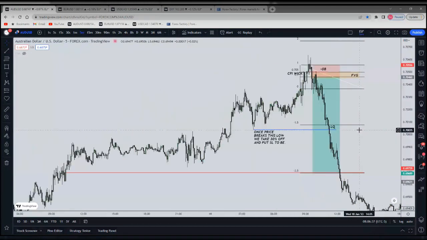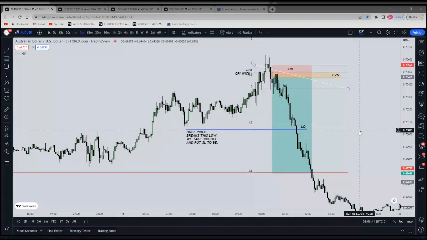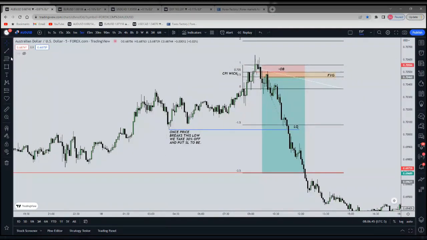The trading model that I use for this trade is basically, you can see here, ICT talks about a pattern called the three little Indians, where price takes liquidity three times. For me, price started taking liquidity here.